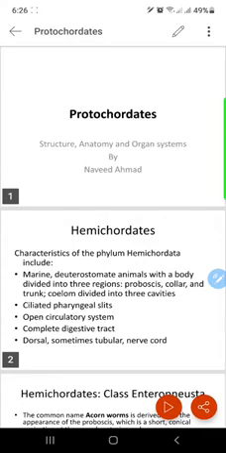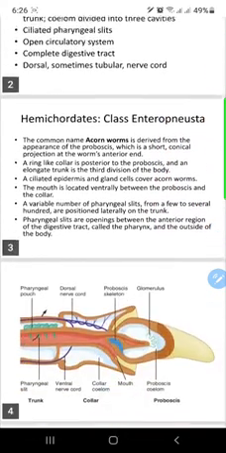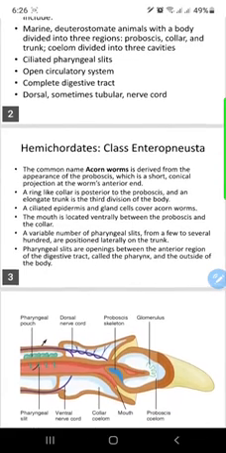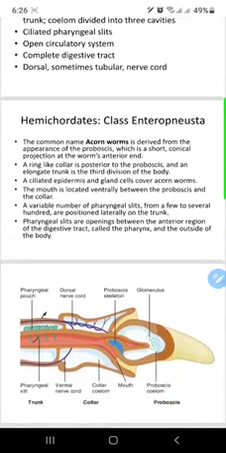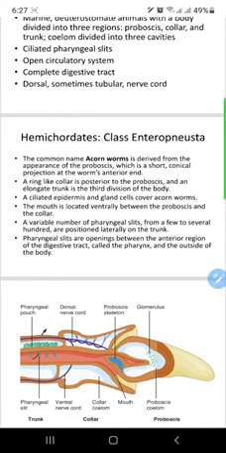So about the hemichordates, these are marine deuterostomes that have a body divided into three regions: proboscis, collar and trunk. This is the front portion, the collar portion and the trunk portion, and also the coelom, the cavity inside, is divided into three cavities.